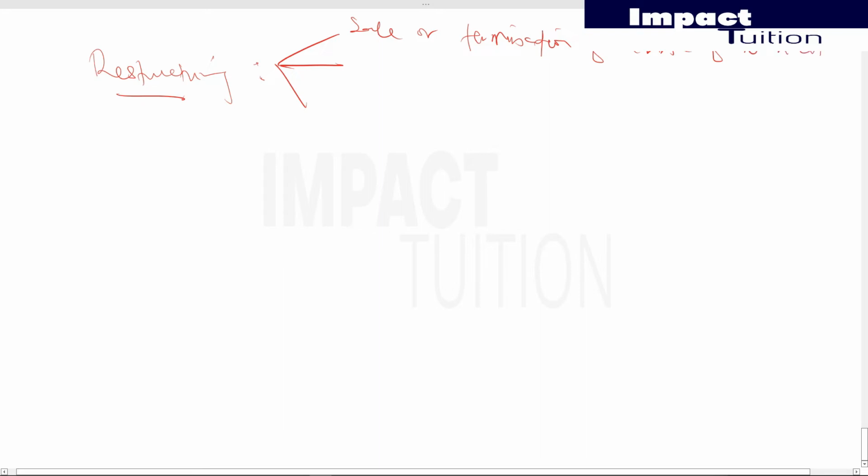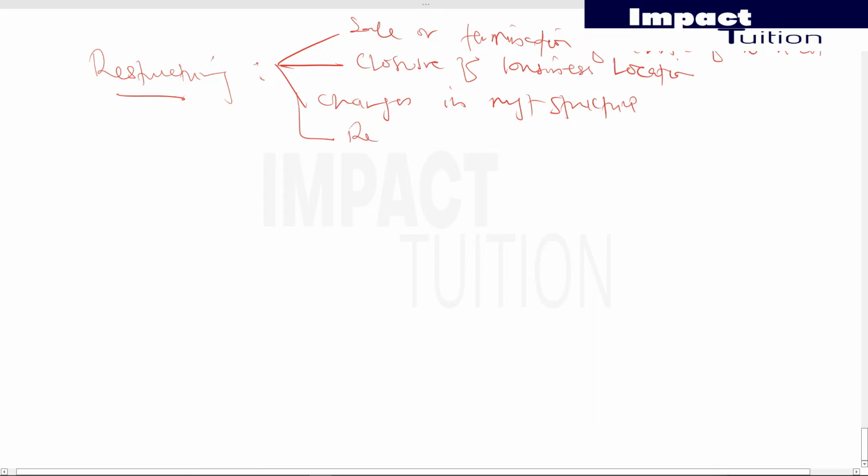It can also be closure of business location. Could also be changes in the management structure. And it can also be reorganization.